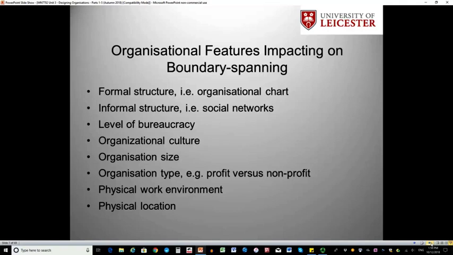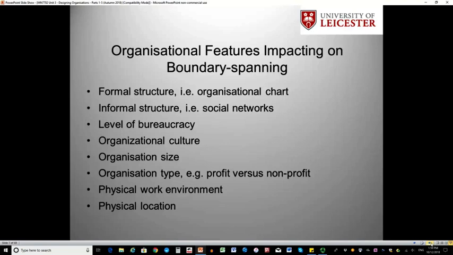I'll briefly go over these because I will start to explore these a bit more as we start looking at parts 2 and 3 of this lecture. So let's go through these different elements, and some of these are explored a little bit more, particularly the informal structure or the informal organisation. It's explored a bit more in the online notes.